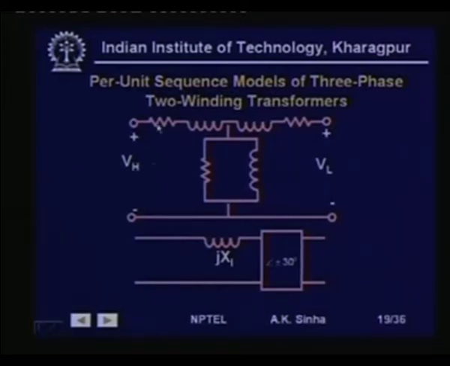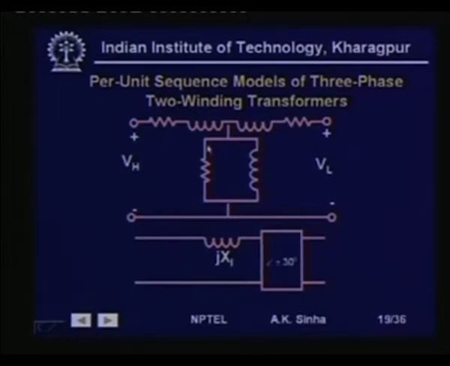Now, as shown here, the transformer has the winding impedance consisting of the resistance and the leakage inductance of the winding on the high voltage side, same thing, leakage inductance of the winding and the resistance of the winding on the low voltage side. This part is showing the core losses and this is showing the magnetizing current part. So, this is normally, as we have seen earlier, the model for the transformer.